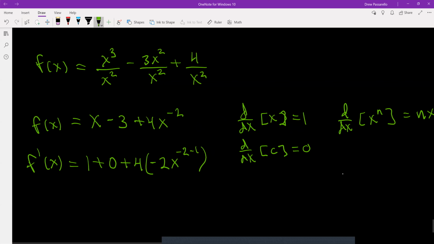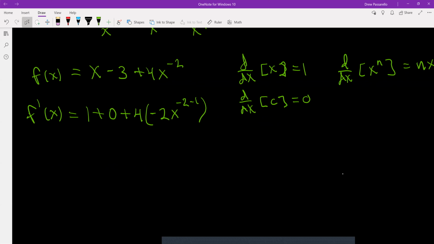All right, so then just going about simplifying f prime of x. Ignore the 0 now, so it's just 1, and then 4 times negative 2, that's minus 8. And then x, and then negative 2 minus 1, that's negative 3.